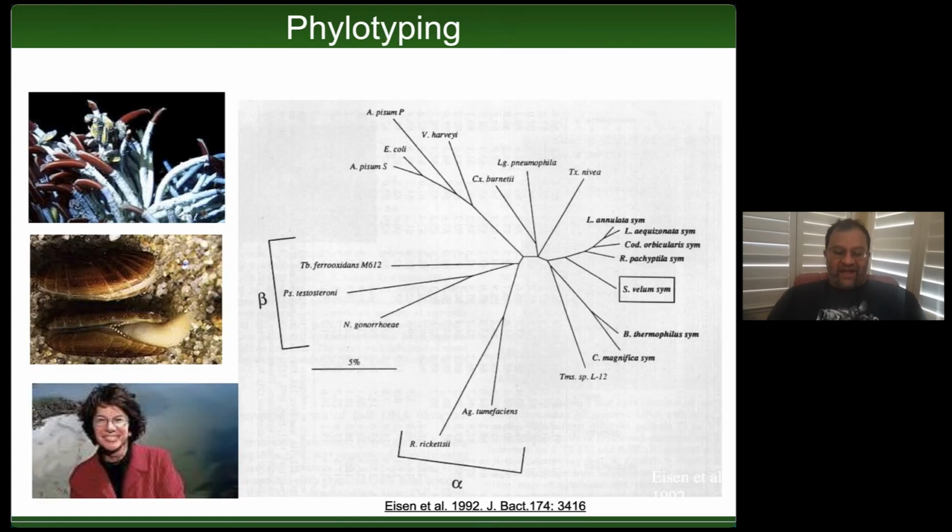I note this is not conceptually particularly crazy or particularly novel. This is exactly what people had been doing, including myself, but many people before me, with building evolutionary trees of ribosomal RNA genes for uncultured organisms like this chemosynthetic symbiont of the clam, and then trying to predict the function of those organisms based on where they sat in an evolutionary tree compared to other organisms that had been studied.